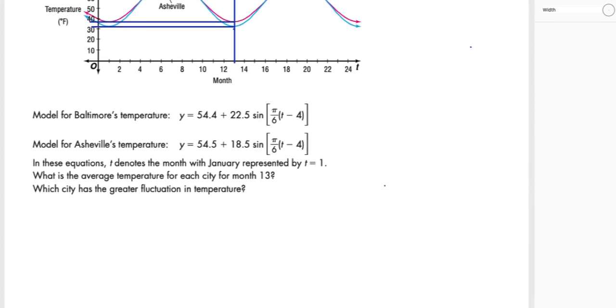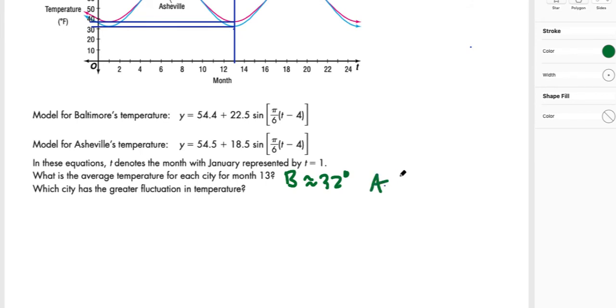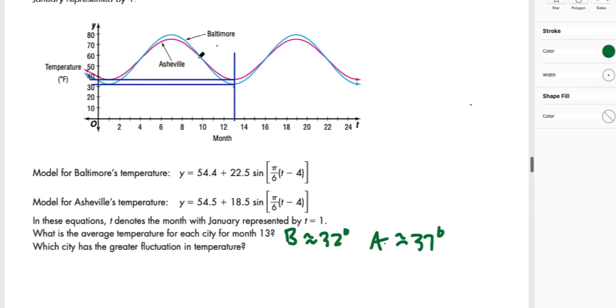Baltimore will be approximately 32 degrees and Asheville approximately 37 degrees. And which city has the greatest fluctuation in temperature? We're talking about the highest and the lowest point, and that's going to be Baltimore. You can see that from the graph, right?